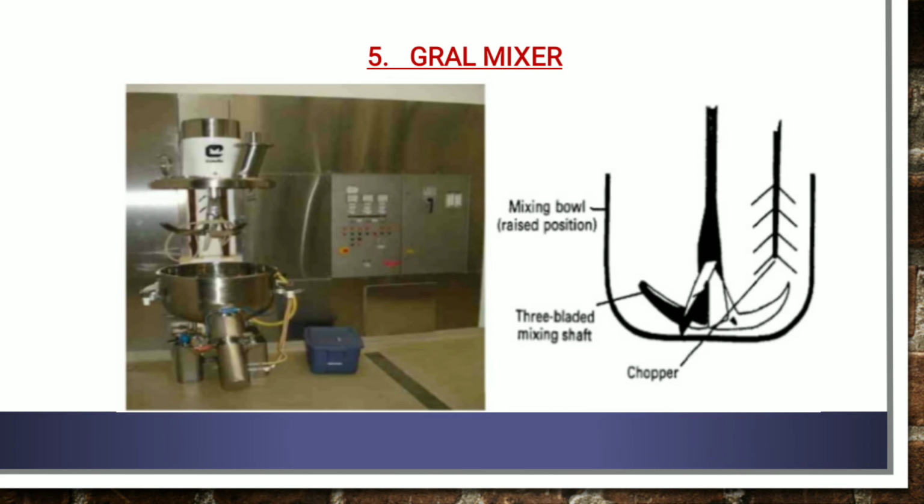The main mixing blade rotates at 450 to 600 rpm in the 10L model, and in all models the high speed chopper blade rotates at a speed of 1500 to 3000 rpm.